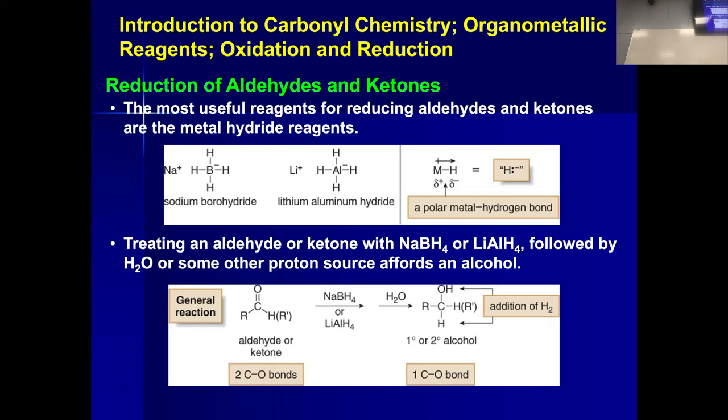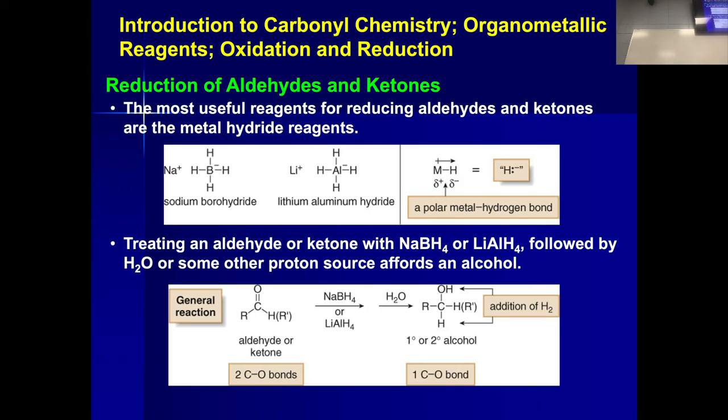Okay? But it turns out there's another set of reagents that we can use called hydride reagents. And there are 2 of them that I'm going to hold you responsible for. There's actually a whole catalog of these things, but there are 2 common ones. Sodium borohydride, NaBH4, and lithium aluminum hydride, LiAlH4.